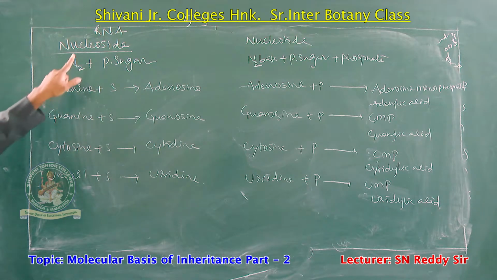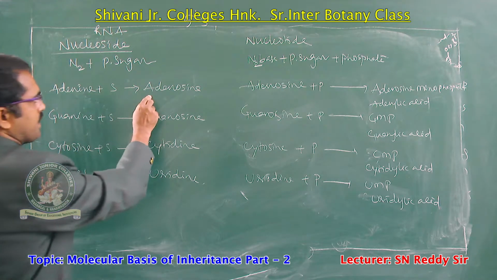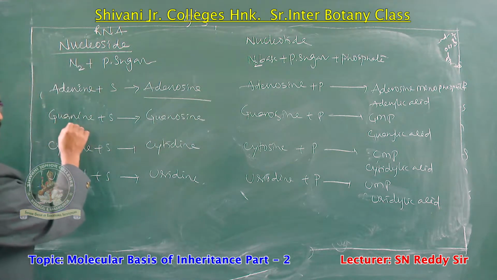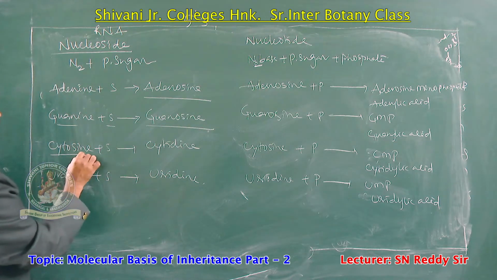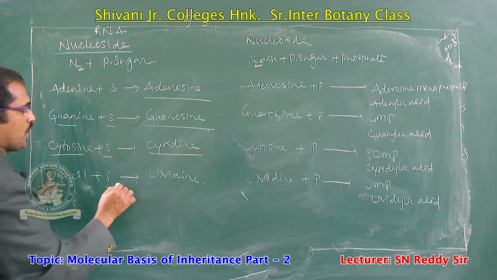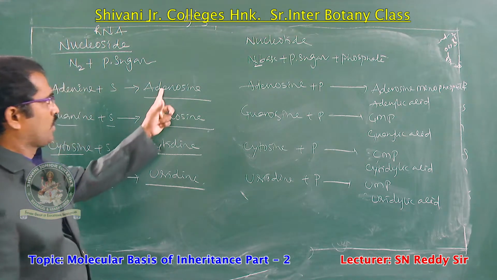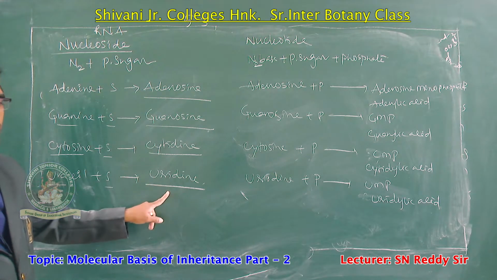Adenine plus pentose sugar is called adenosine. Guanine plus pentose sugar, guanosine. Cytosine plus pentose sugar, cytidine. Uracil plus pentose sugar, uridine. These are the nucleosides: adenosine, guanosine, cytidine, uridine.